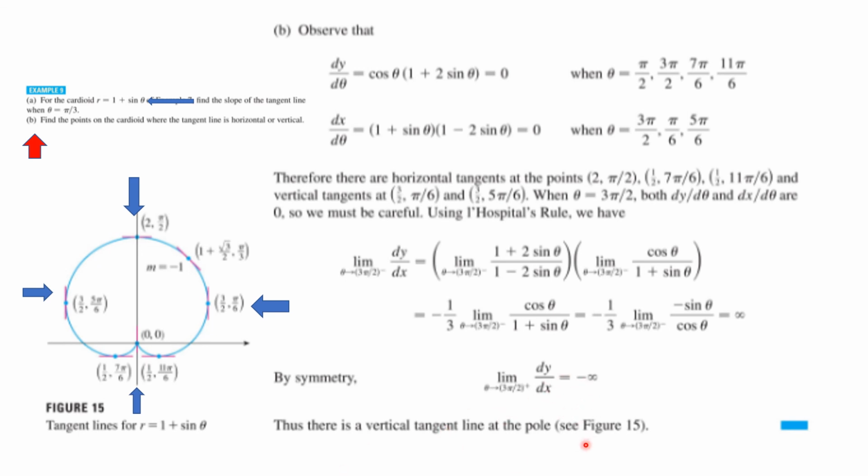So there's a vertical tangent at the pole, and because it's minus infinity, there's a vertical tangent there as well. So the vertical tangents then are here, here, here, 3 vertical tangents, and there are 3 horizontal tangents. So it's 3 and 3.